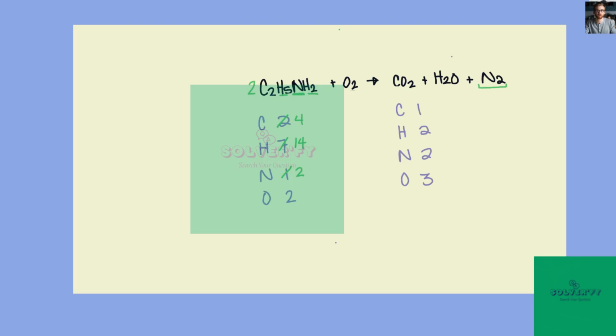Okay. Now we can just kind of start from the top and work our way down. So carbon. We've got 4 carbon and then 1. So we're going to put a 4 in front of the CO2. That is going to impact the oxygen because now there's 4 times 2, which is 8, plus the other. So we've got 9 now. Okay. Next up, we can do the hydrogen.